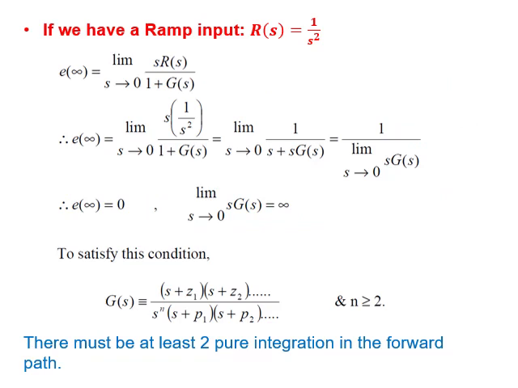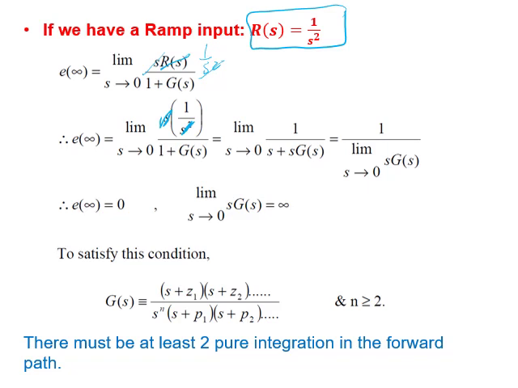I hope whatever I discussed earlier is clear. This is going to make this point also clear. If R of s equals 1 over s squared, that means the input is a ramp. Let us substitute it. So if here R equals 1 over s squared, one s will cancel with this s, and by the end I will get 1 over s. So if this s cancels one of the s, there will be one s remaining.